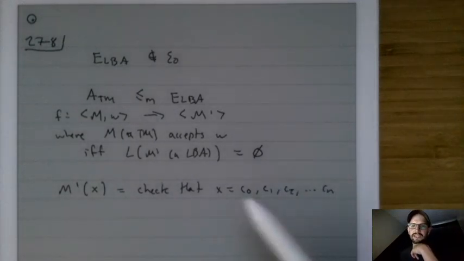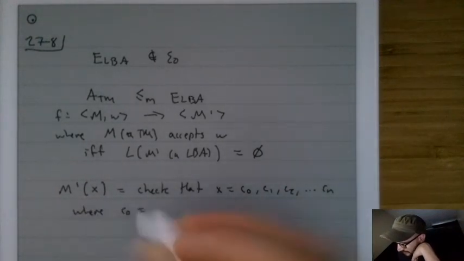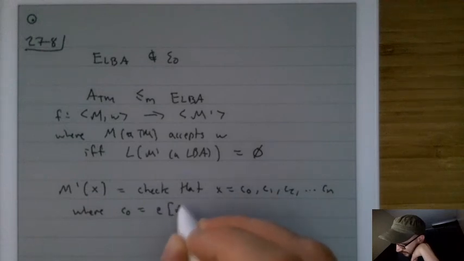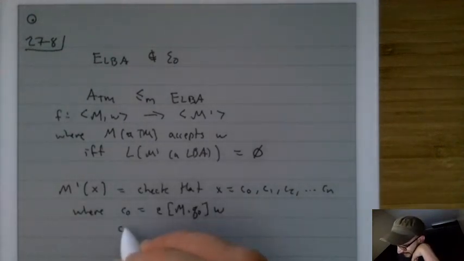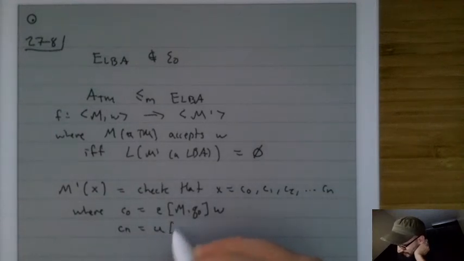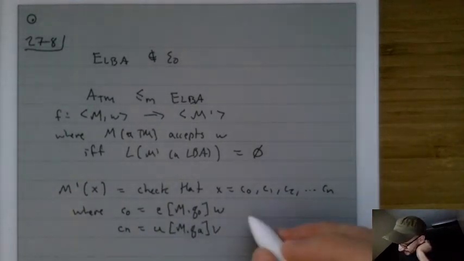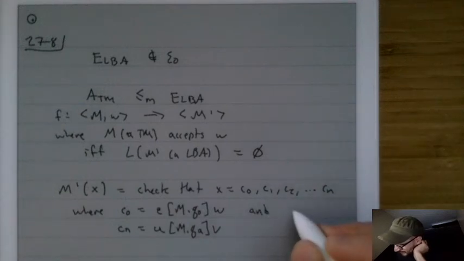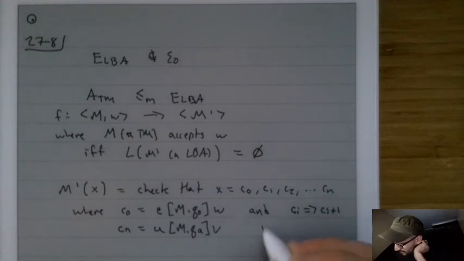So it's going to check that it is a sequence of these things where C0 is equal to epsilon m dot Q0 W, being this string, and Cn equals something, which we'll write as U, and then m dot Qa, something V, and where Ci goes to Ci+1 by the Turing machine rules.